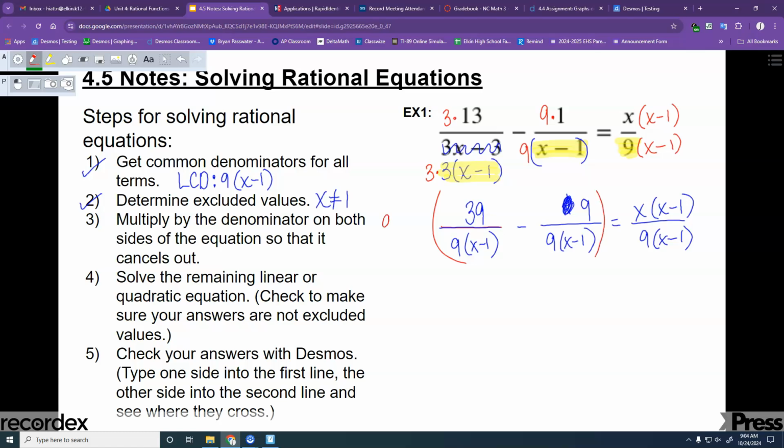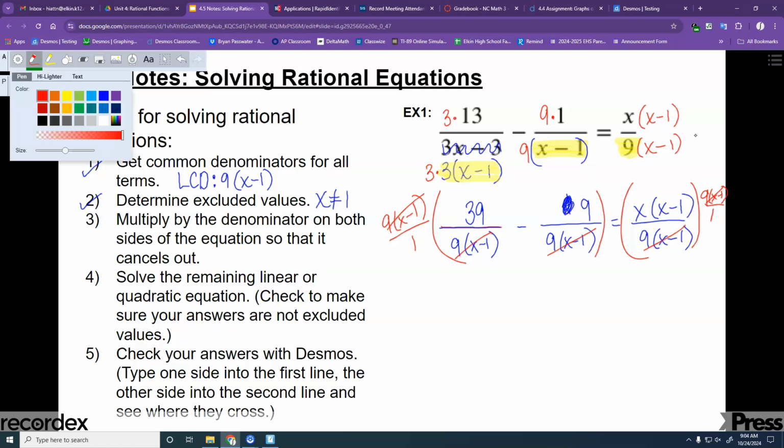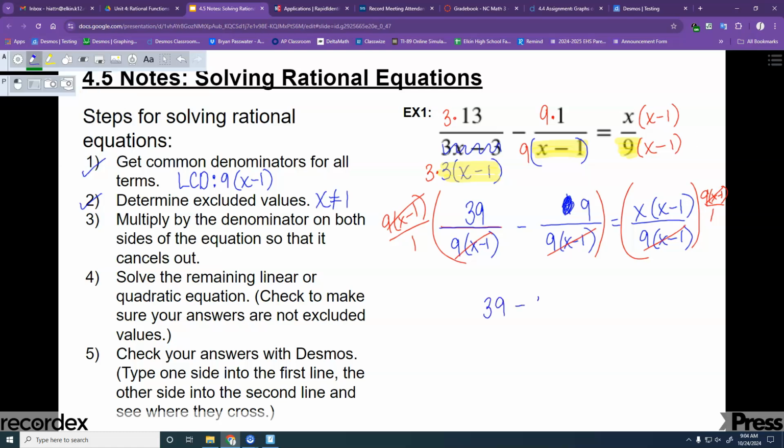If I multiply this side by 9 times x minus 1, and this side by 9 times x minus 1, this cancels the denominators. Essentially, you are just going to be left with the numerators. You've got 39 minus 9 equals x times x minus 1.